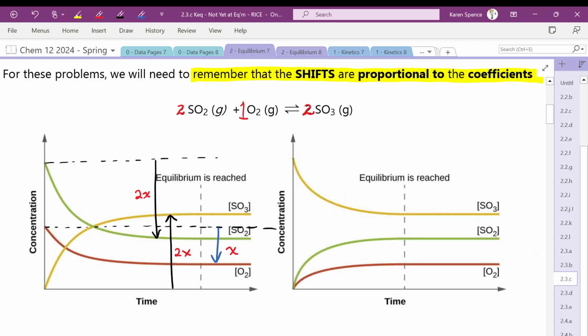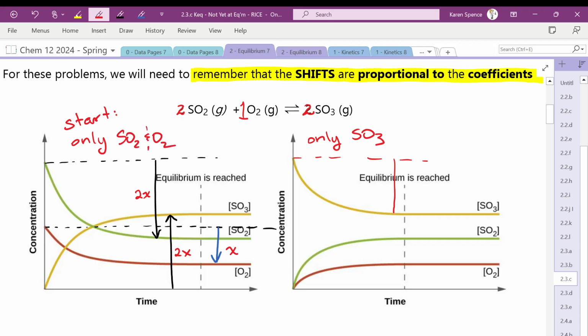All right, same thing here. You can see we're starting at different points, right? In this one, we start with only SO3. Over on this other side, we started with only SO2 and O2.